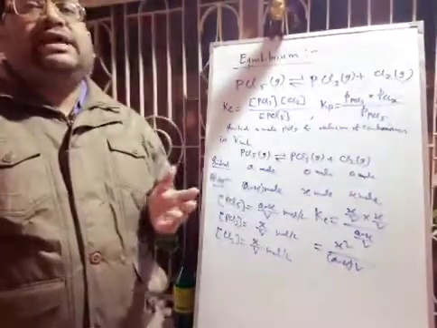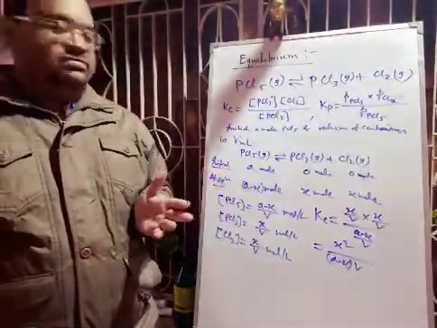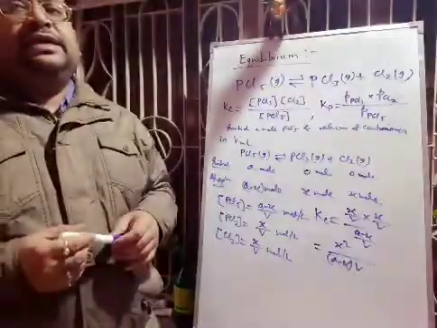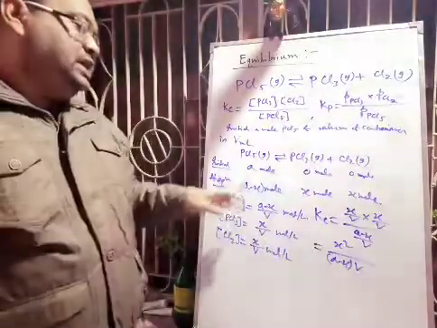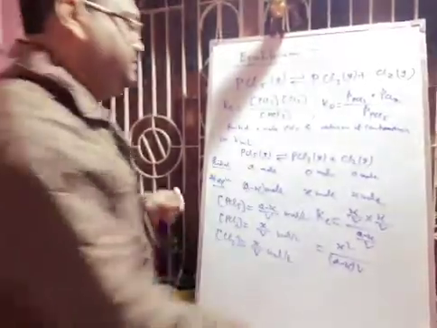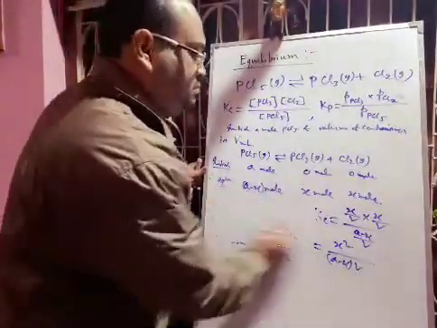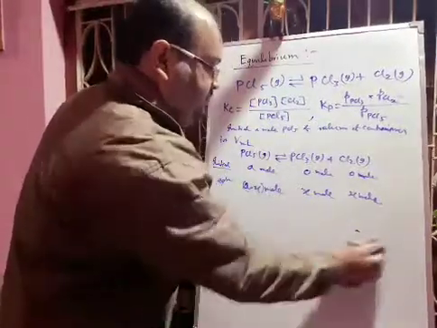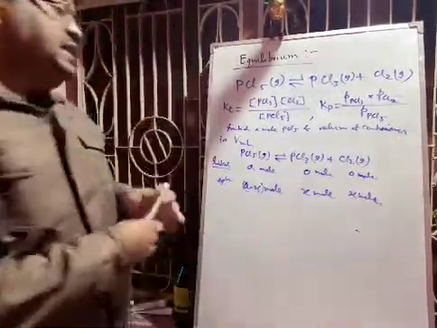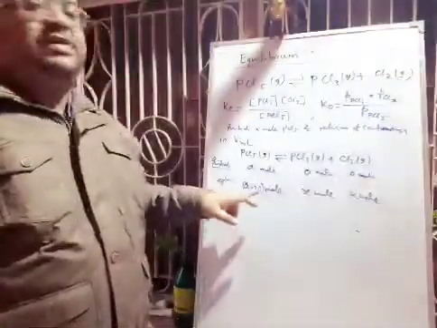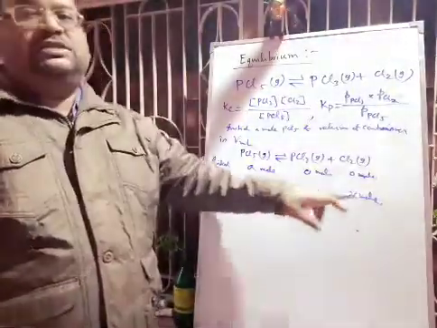Next we can talk about the derivation of Kp. If we want to derive Kp, then again initially it was A mole, 0 and 0 mole, and at equilibrium it will be A minus x mole, x mole and x mole.